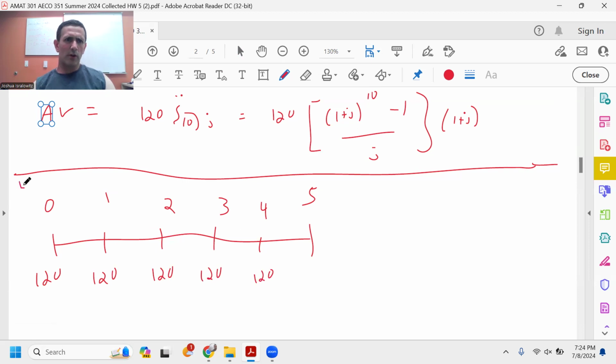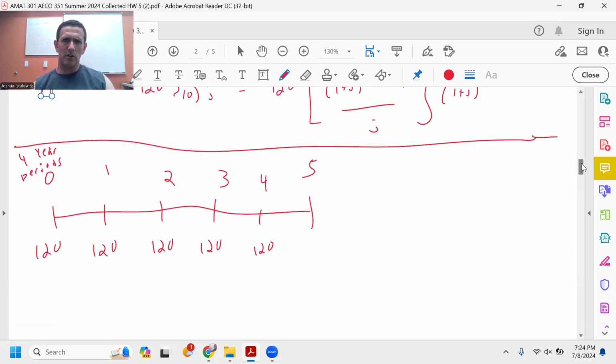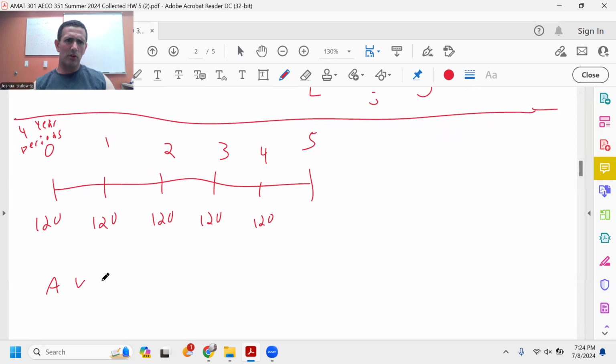So again, this is 4-year periods. This is 20 years right here, payments at the beginning of each year. So the accumulated value is same thing, except both 5 periods, 5 20-year periods. J is, remember, my 4-year interest rate.